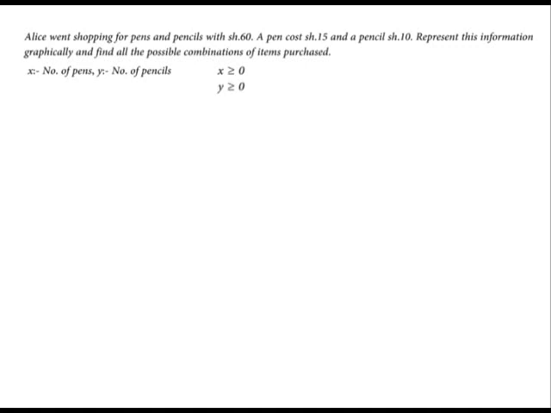Remember, x and y represent the number of items to be bought. We have the price for each item. x pens at 15 shillings makes it 15x, plus y pencils at 10 shillings makes it 10y. That must be less or equal to 60. This simplifies to 3x plus 2y is less or equal to 12. These are the three inequalities.